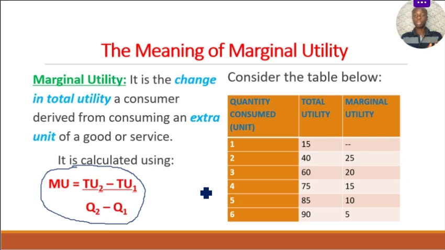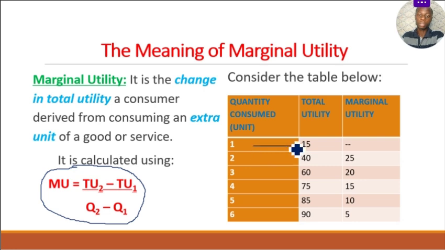So this one is for marginal utility 1. Then if you want to go to the next, the marginal utility 2, you also continue subsequently using the formula. As you can see in the table here, these are different quantities given to us from Q1, Q2, Q3, Q4, Q5 and Q6, and there is total utility at the same time.